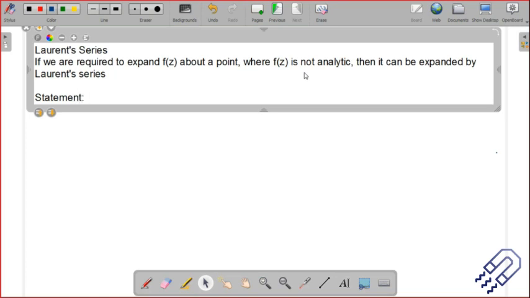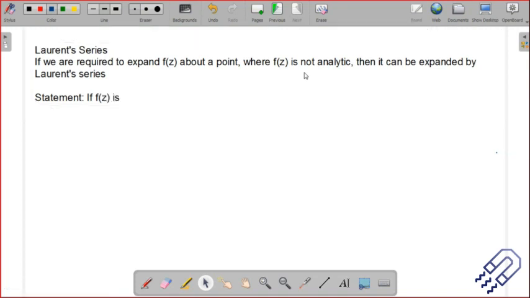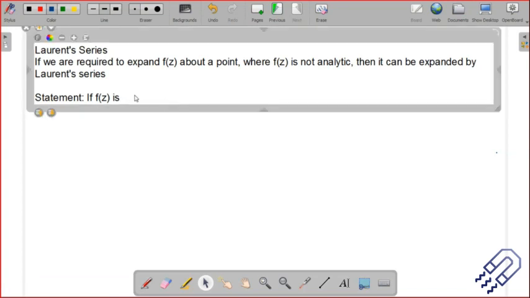So I'm just going to use one or two sums. I'll give you one, others you can easily do. If f(z) is analytic on, let's say, two circles, C1 and C2.